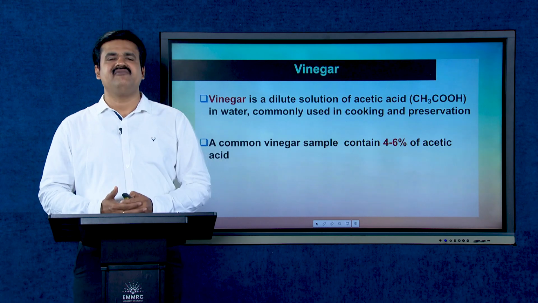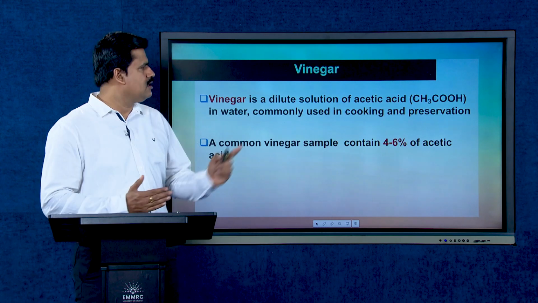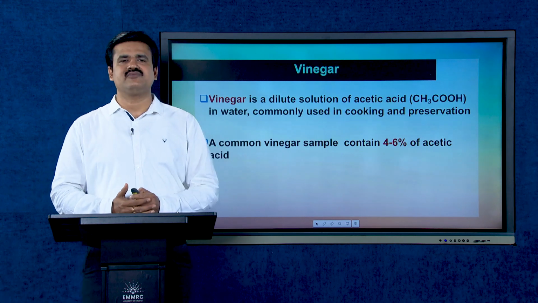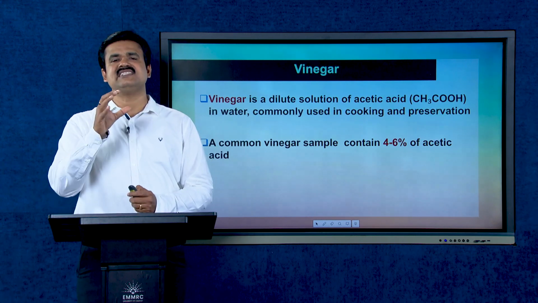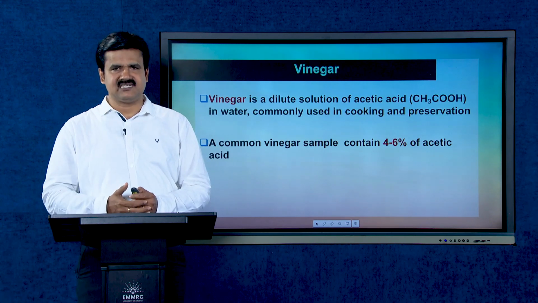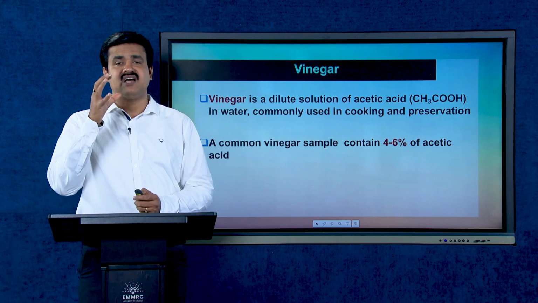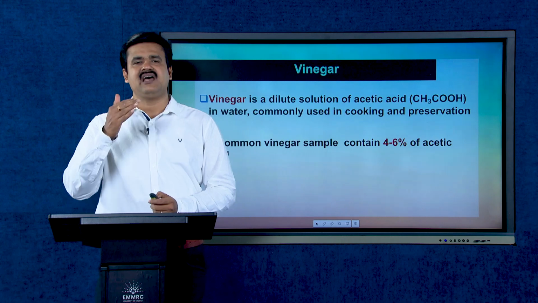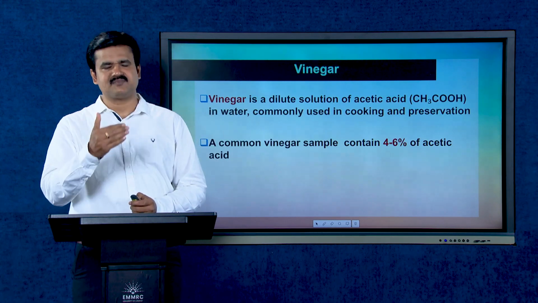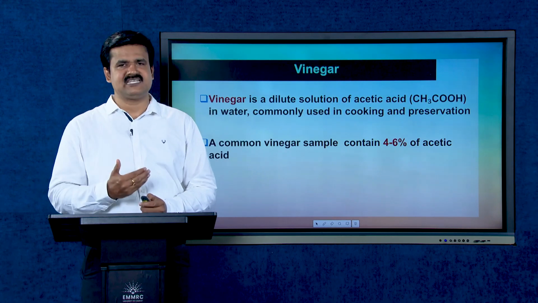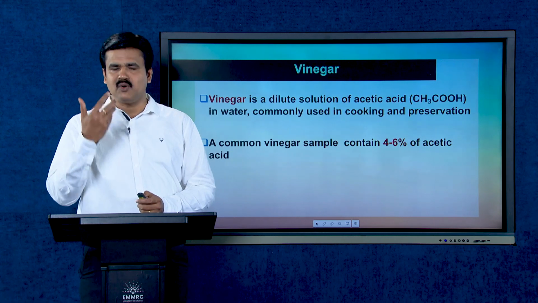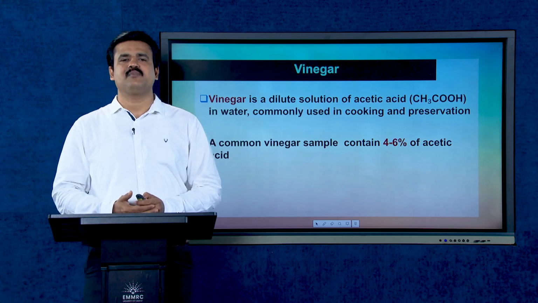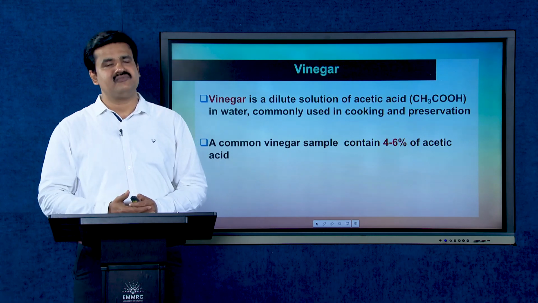A common vinegar sample contains 4 to 6% of acetic acid. This is the percentage range of acetic acid in a given sample of vinegar. And today's experiment is to demonstrate how much acetic acid is present in a given sample of vinegar.